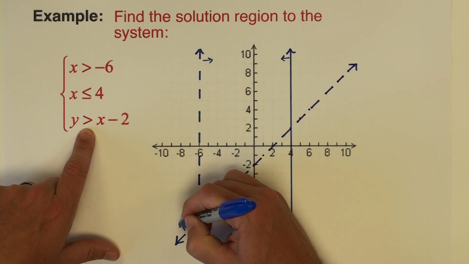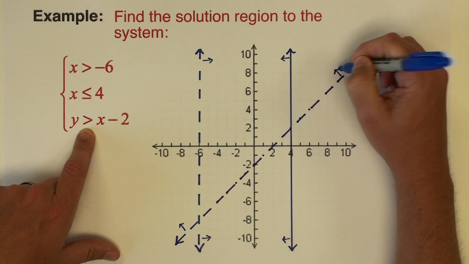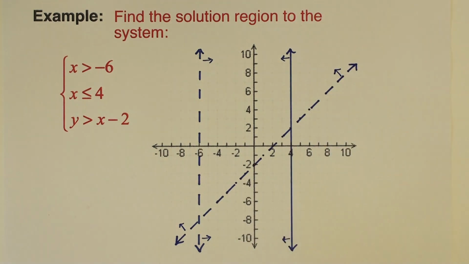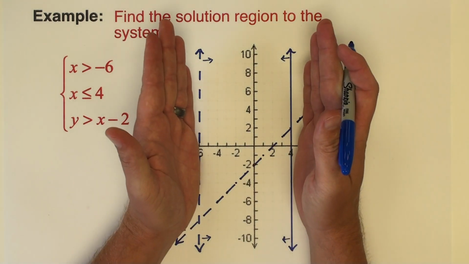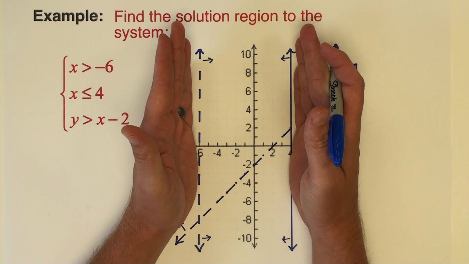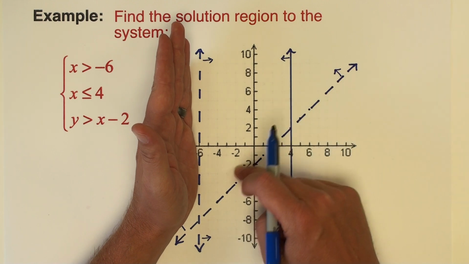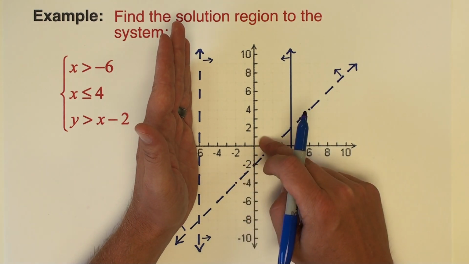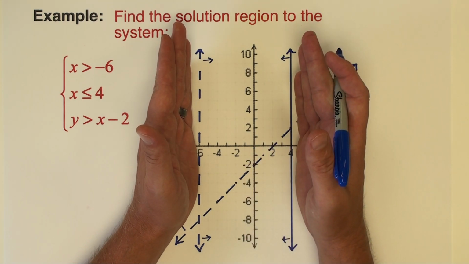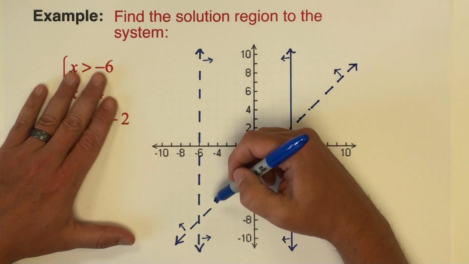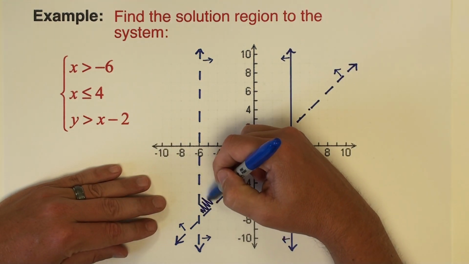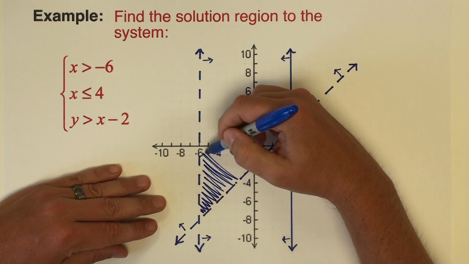So I want everything above this line. All right, so we already knew that we were confined to just between the two lines. Now we know we want between the two lines and above this line right here. So our overlapping shading of all three of these lines is going to be everything inside this area.